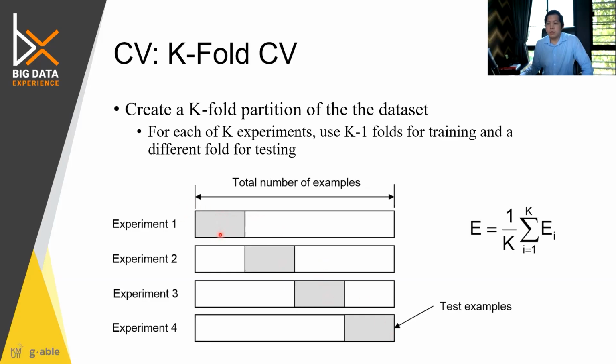For each round you use one part to test and the remaining to train, and then repeat that k times, using k minus 1 parts to train.